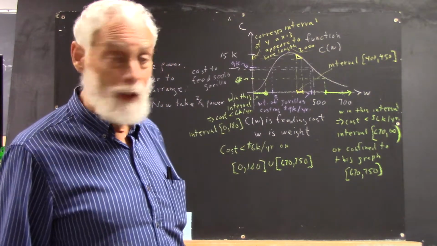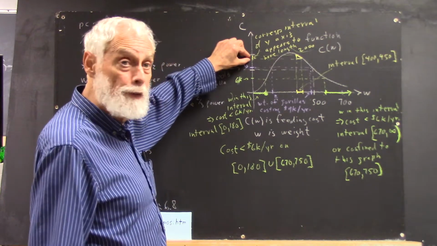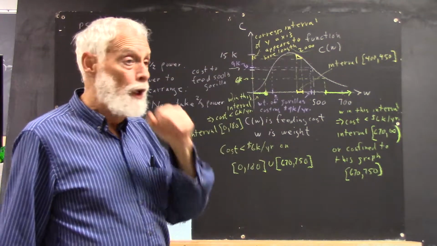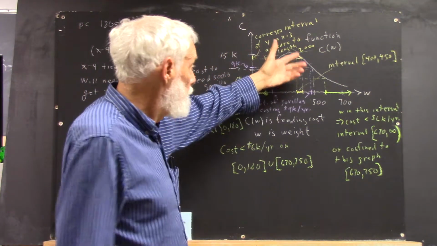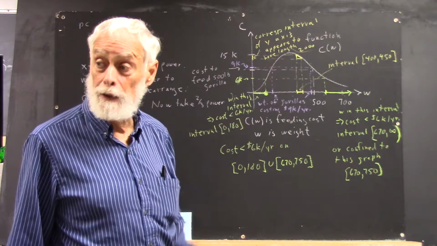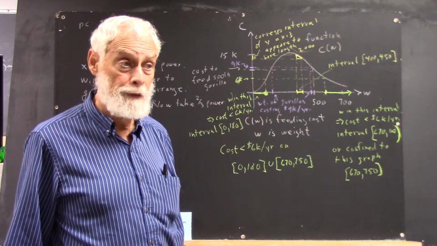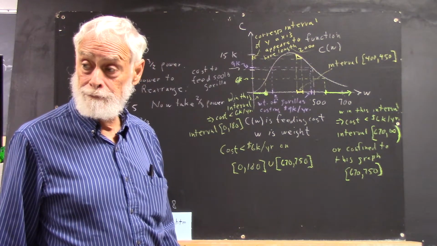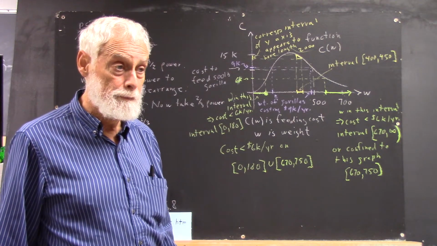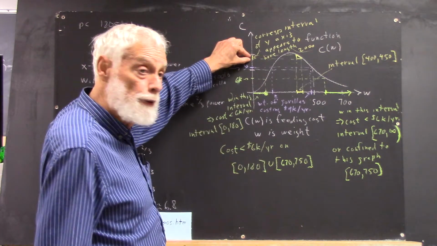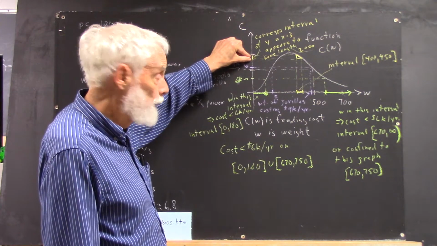One way or another, you estimate the length of this. If the length of this interval is 2,000, what's the rise?